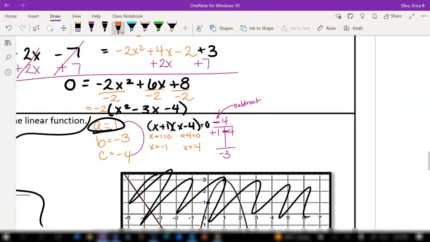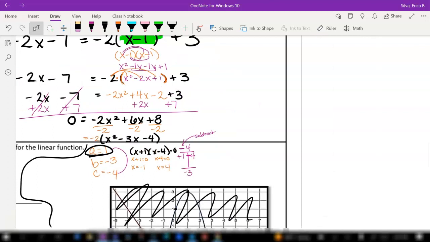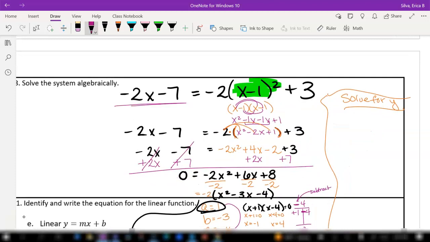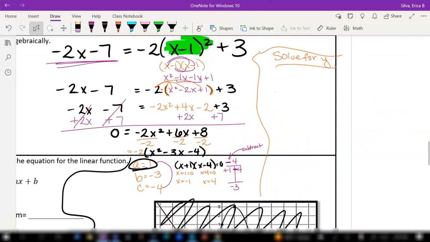Are we done? No, right? Because we have to find points. Right now, all we have is our x values. So I'm going to make a little rectangle over here so we can solve for y. You always want to use the linear equation because that's the easier one to use.